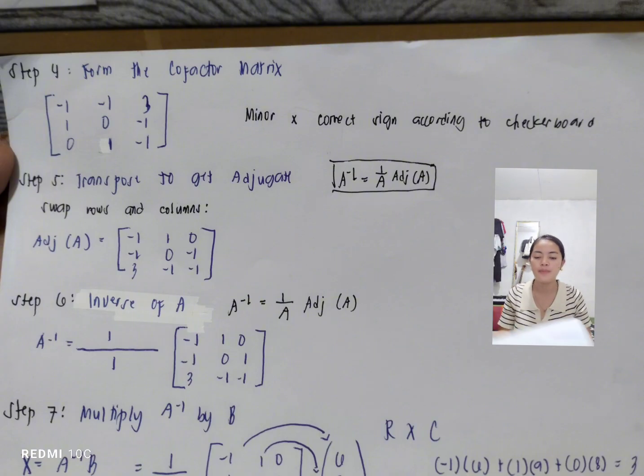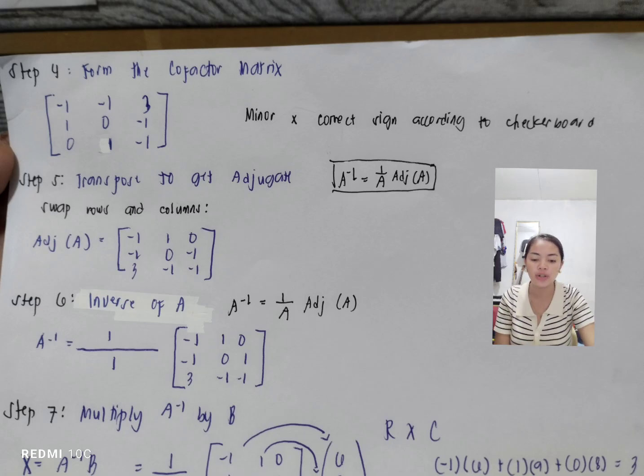For step 4, we need to form the cofactor matrix. Again, as I said a while ago, you multiply the minor by the correct sign according to the checkerboard pattern. So we now have -1, -1, 3, and 1, 0, -1, and 0, 1, -1.